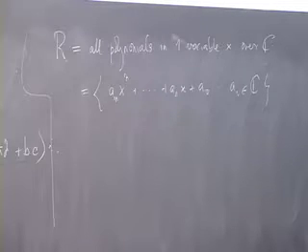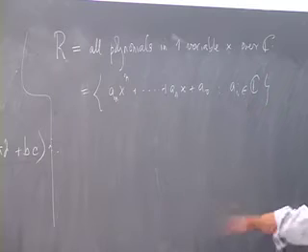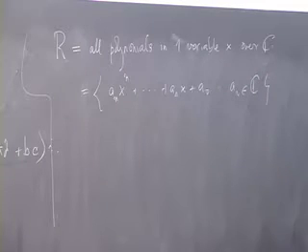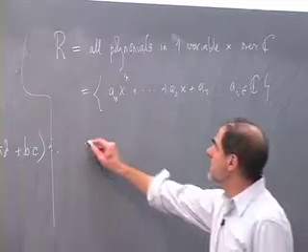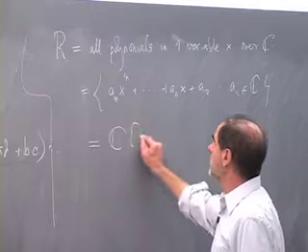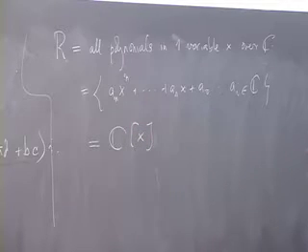Now we know how to add polynomials. You add the coefficients. We know how to multiply polynomials. That increases the degree. And one checks pretty easily that those satisfy the axioms of a ring. This ring would be denoted C[x], polynomials in x.